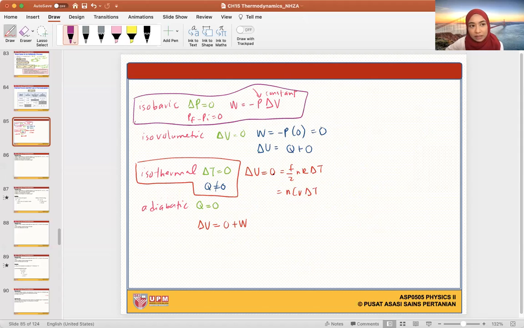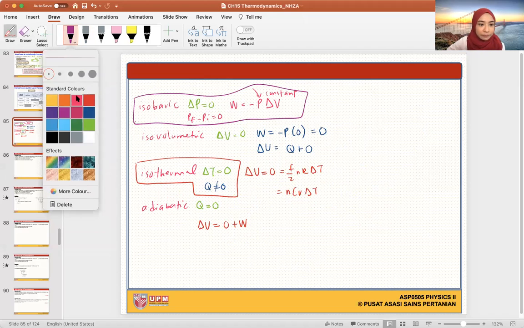Yes. So is that for isothermal or isovolumetric? Isothermal. Why? Why is it for isothermal and not isovolumetric? How do you guys decide?